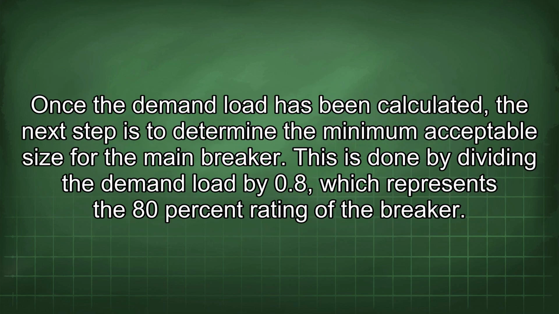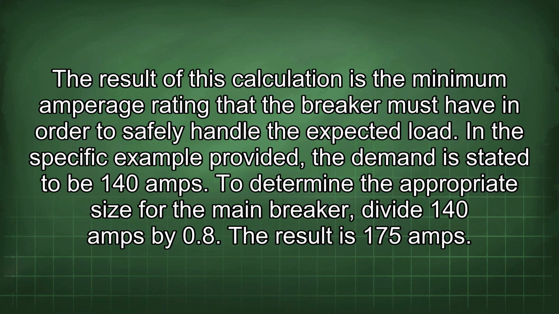Once the demand load has been calculated, the next step is to determine the minimum acceptable size for the main breaker. This is done by dividing the demand load by 0.8, which represents the 80% rating of the breaker. The result of this calculation is the minimum amperage rating that the breaker must have in order to safely handle the expected load.